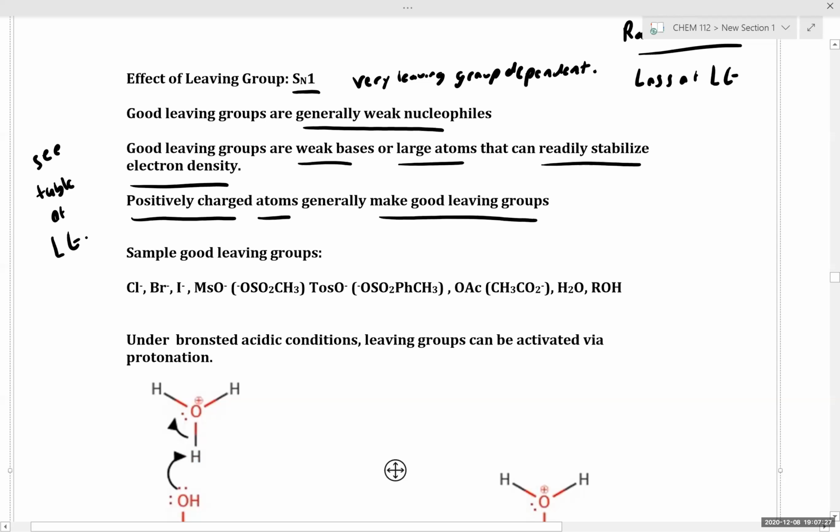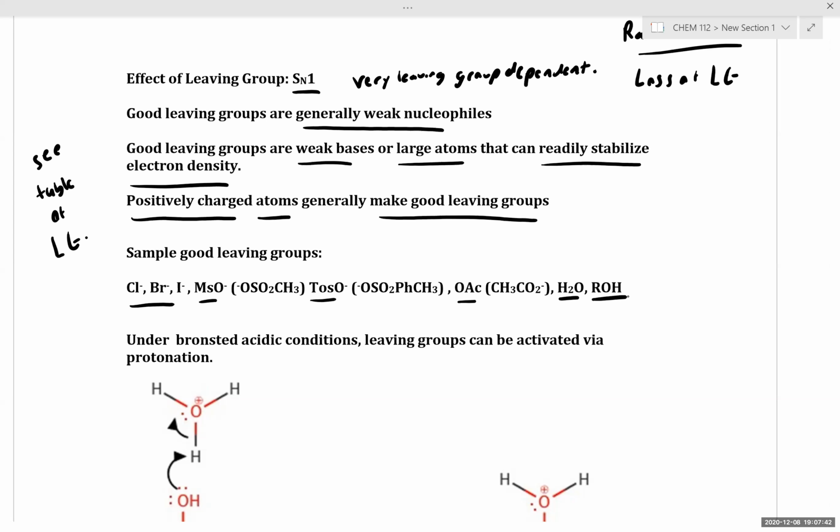Some sample good leaving groups would be your halides, your mesyl and tosyl groups, acetate, water, and alcohols. So good leaving groups are very beneficial for an SN1 reaction because they accelerate and make the rate limiting step easier to accomplish.